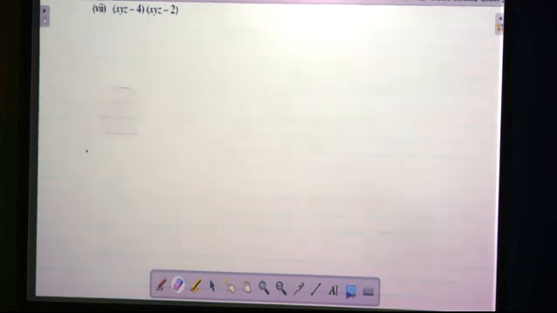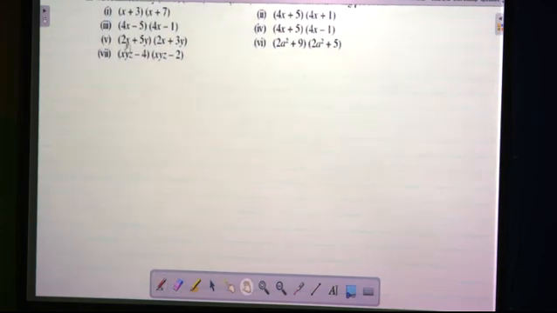Okay. After the seventh sum, we shall solve the sixth sum. What is the sixth sum? It is (2a square plus 9), second bracket, (2a square plus 5).